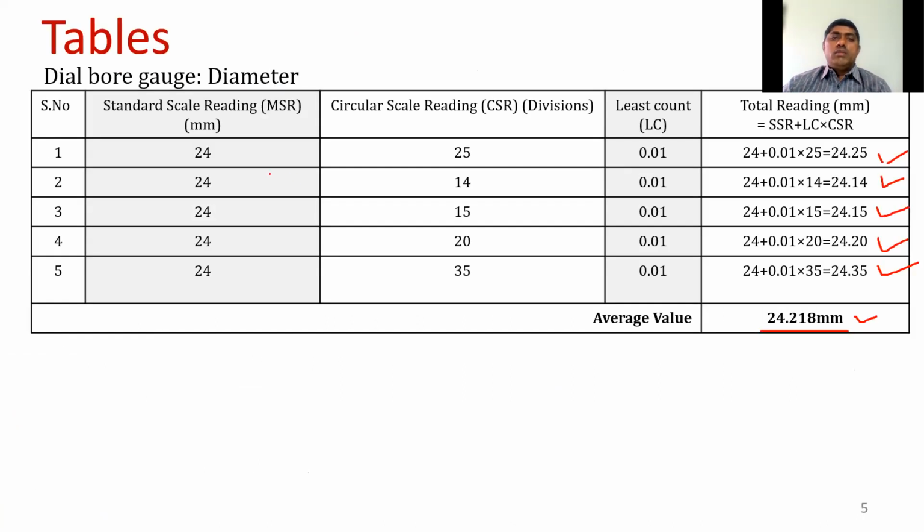From the table, it is observed that at different locations the diameter of the workpiece or ring gauge is slightly varying from location to location. This may be due to some irregularities present in the workpiece, which occurred during the manufacturing process.